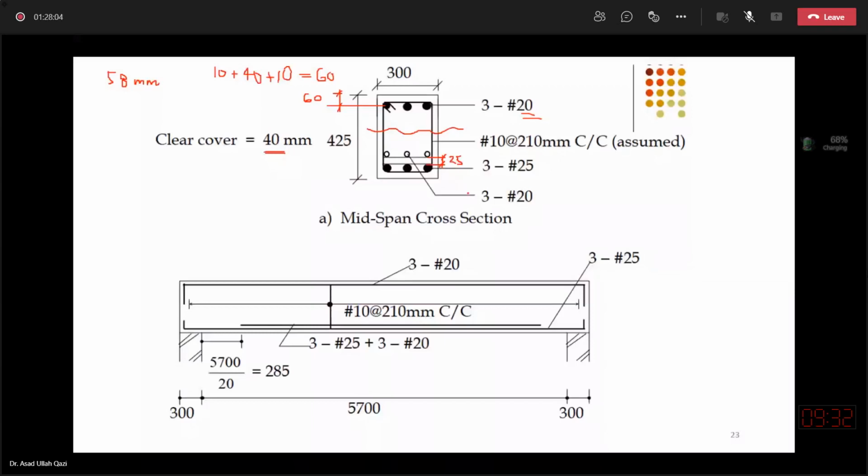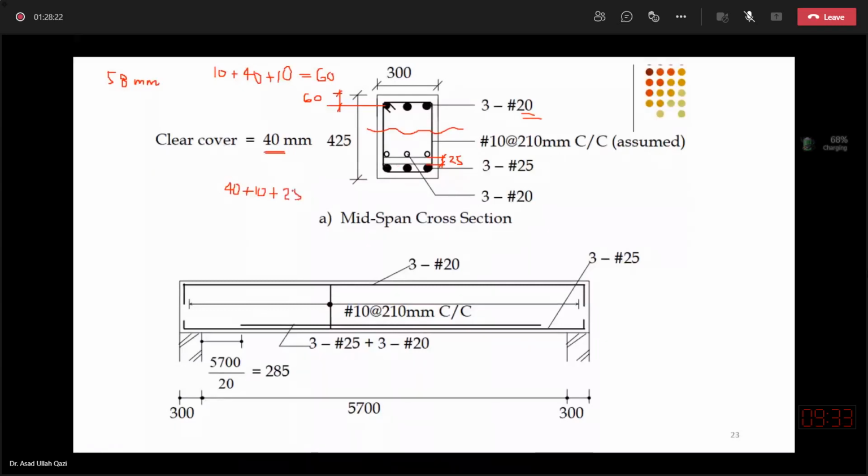So mechanically speaking, I have a 40 cover. If my tie is 10, then I have the 25 millimeter lower layer.